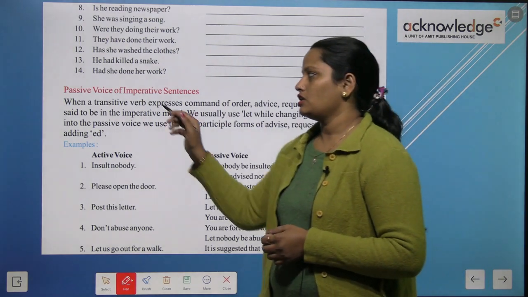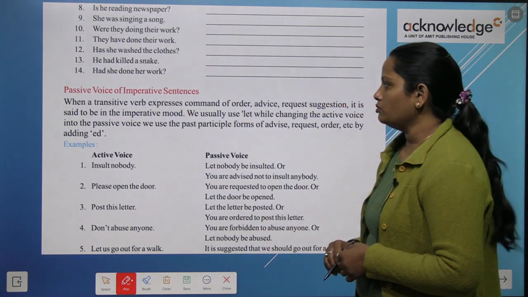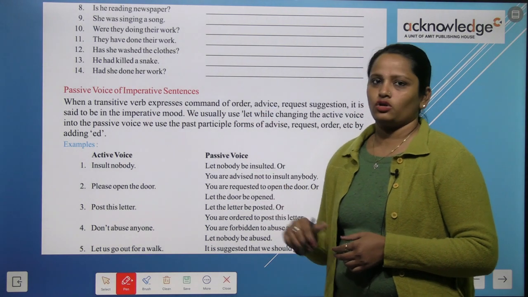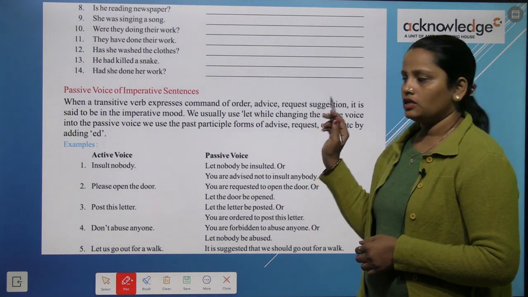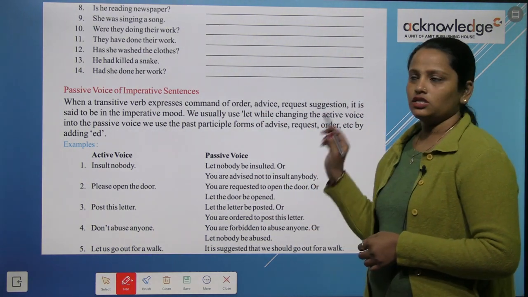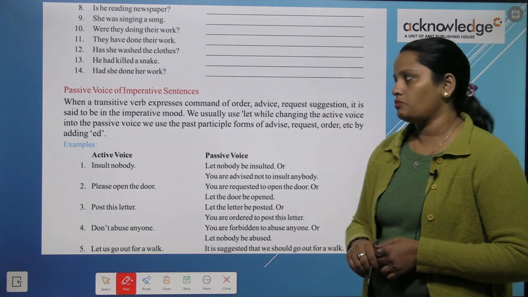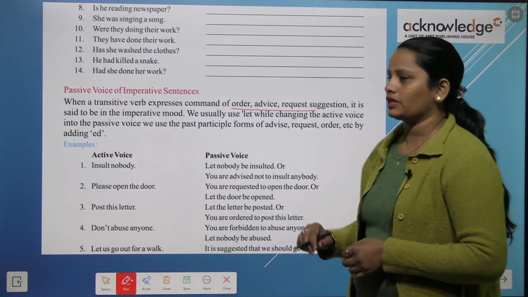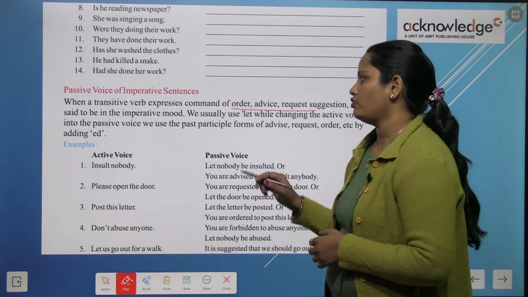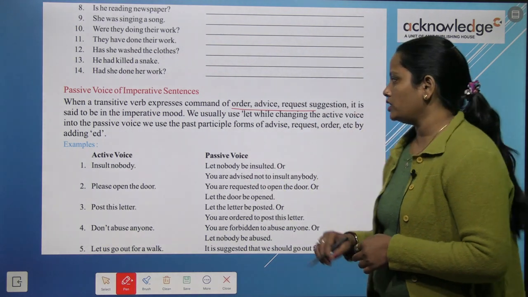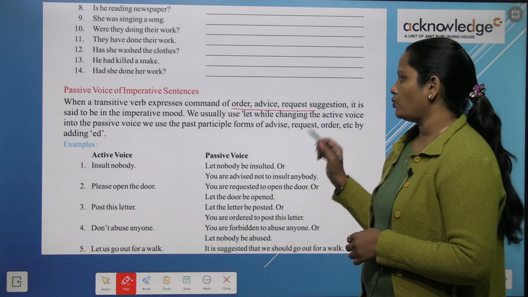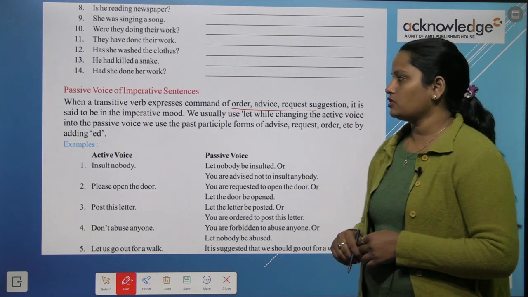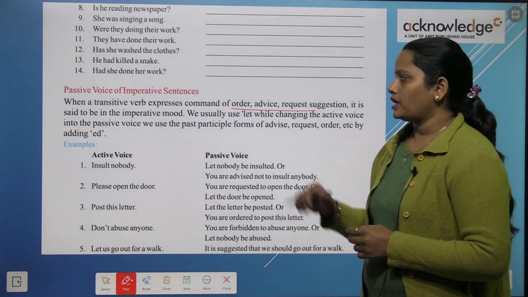So when our transitive verb expresses command or order, advice, request, suggestion, it is said to be in the imperative mood. So what I just told you, if these things are happening, it means the sentence is in imperative form. Now we usually use let while changing the active voice into the passive voice.